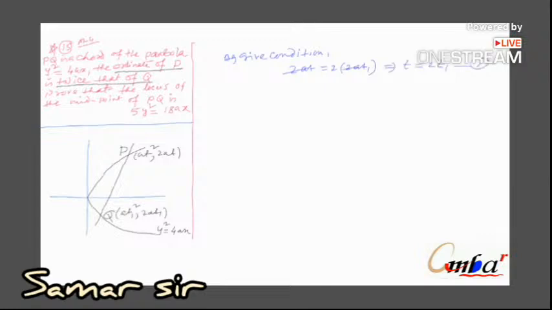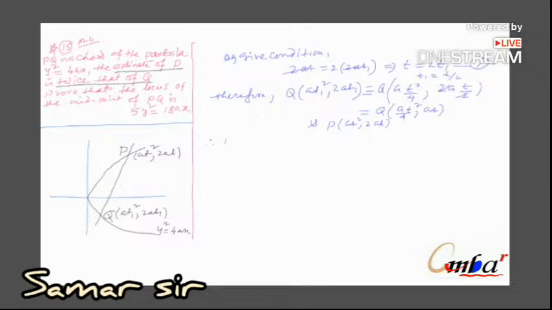So t equals 2t1, equation number 1. And therefore the Q coordinate is (a t square by 4, 2a t by 2), the 2s cancelled. So Q here is (a t square by 4, at).